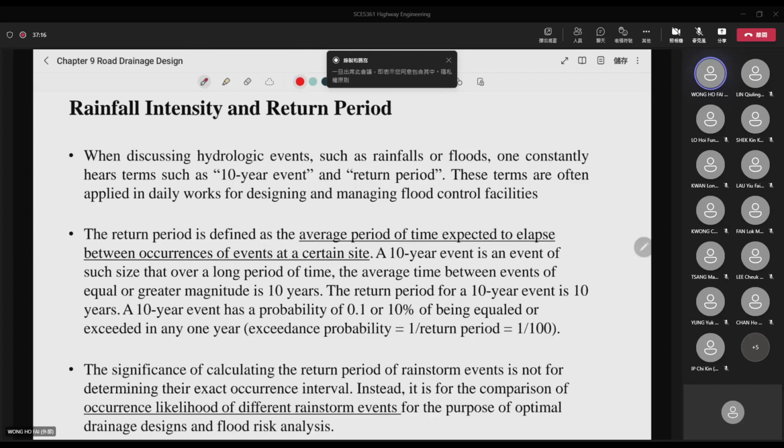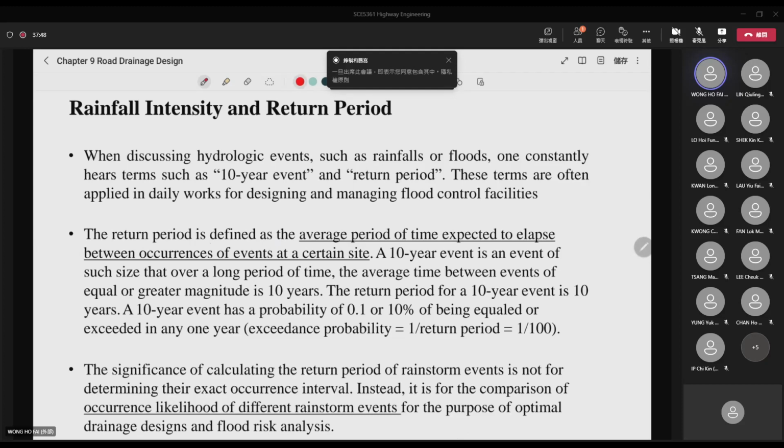Now, return period is defined as the average period of time expected to elapse between occurrences of events at a certain site. In other words, a 10-year event is an event of such size that over a long period of time, say 10 years, there is an event of equal or greater magnitude. That means it will happen about every 10 years.